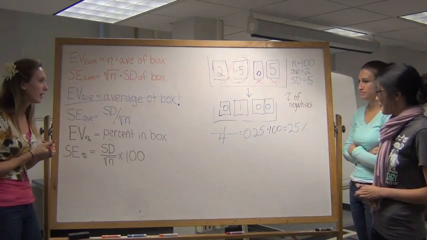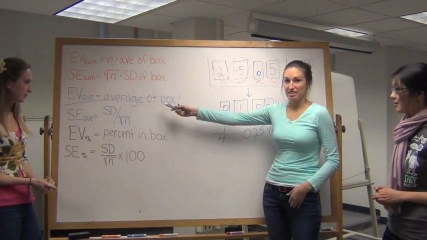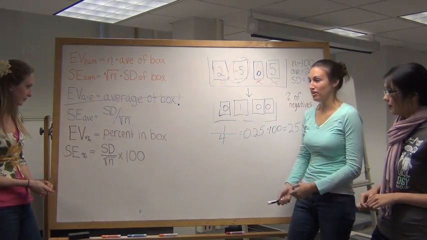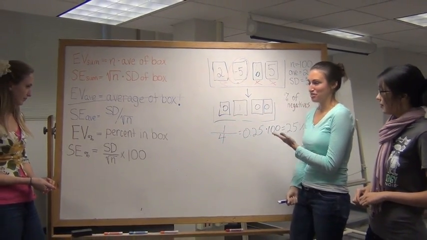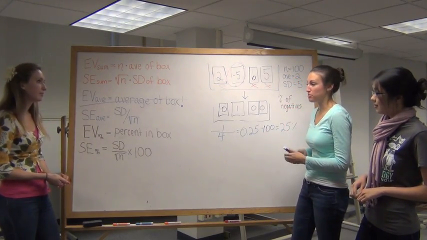Exactly. Right. Okay, so we just saw that the expected value of the average is essentially the same thing as the expected value of the percent, except the expected value of the percent is in percent form, so it's 25%.